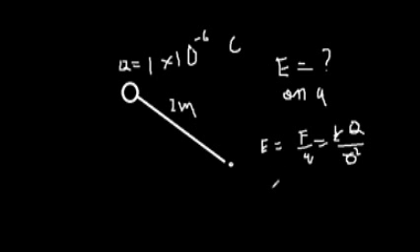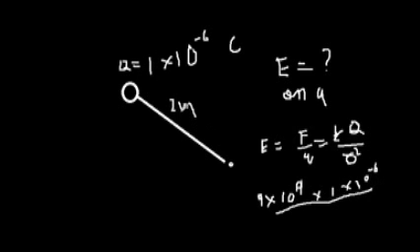If we solve this, the value of K is 9 into 10 to the power 9, into Q, that is 1 into 10 to the power minus 6, and the R square, that is 2 meters, so it becomes 4.